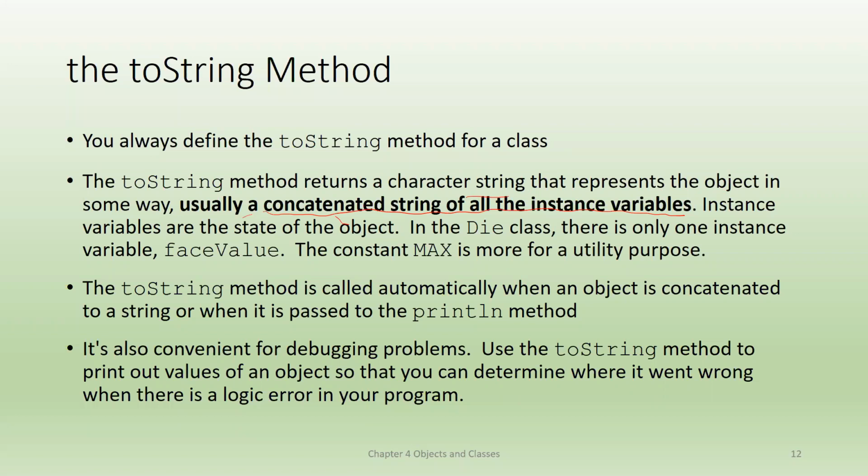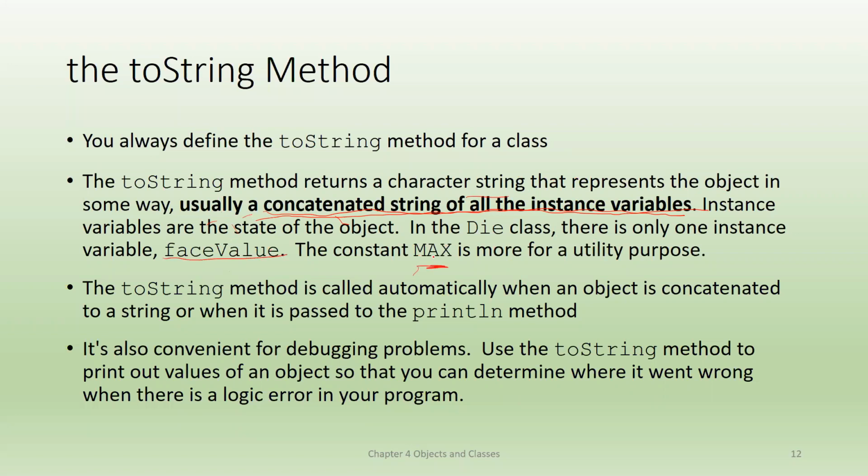How do you describe an object? You use the attributes. That's why the toString method returns a concatenated string of all the instance variables. Instance variables are the state of the object. In the die class, there is only one instance variable, face value.